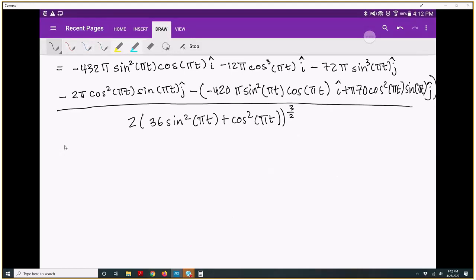Okay, so it looks like I have 432 pi sine squared cosine of pi t i cap plus 420 of the same.